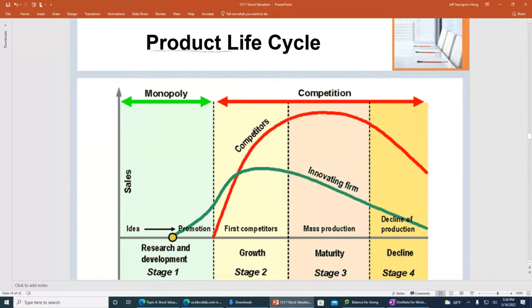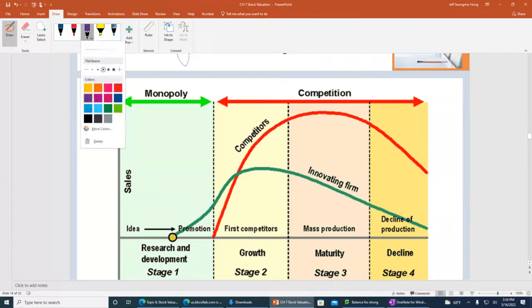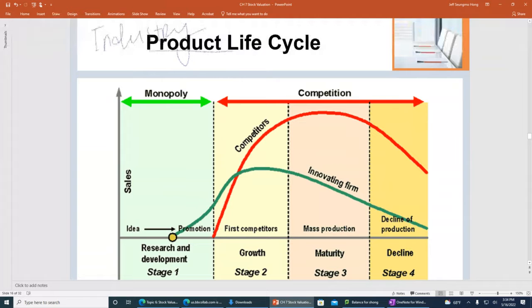It is also called industry life cycle. A macro version of this is called industry life cycle. The micro version of industry life cycle is product life cycle. And the product life cycle basically means that every product goes through a life cycle, and so does the industry.